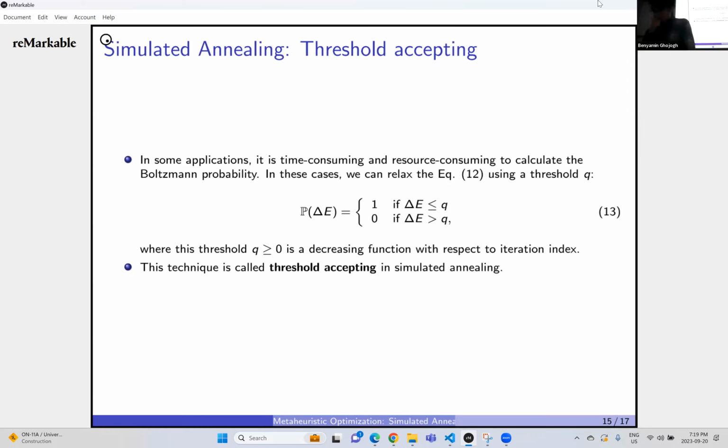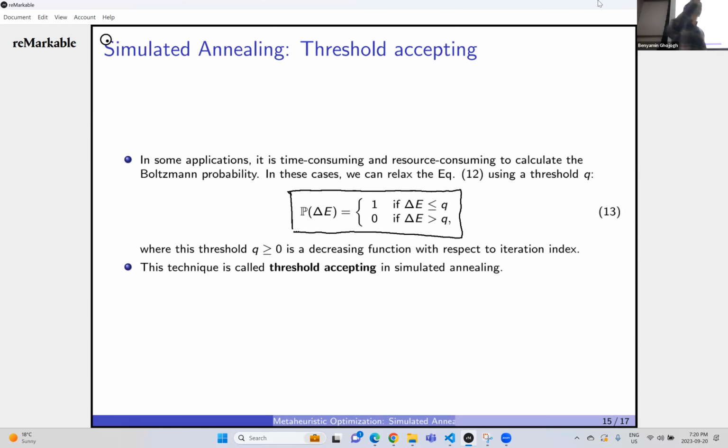In these cases, you can modify equation 12 to this. So you can calculate delta E and compare it with some threshold. Because we know that if delta E is negative, I should definitely accept that. If it is positive, I should probably accept that.